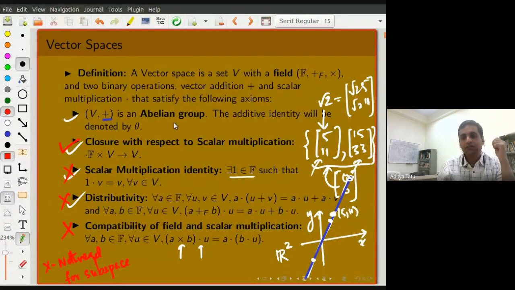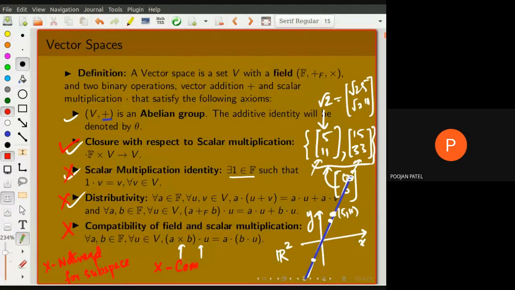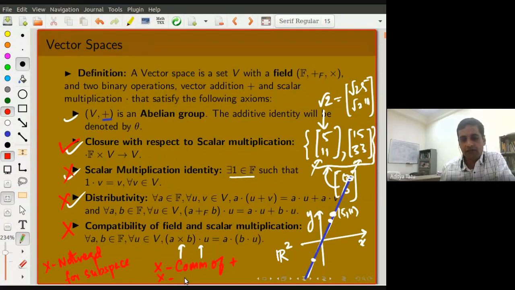How about the first one? The abelian group contains 5 axioms. It summarizes 5 axioms. Commutativity of addition, do we need to check for a subspace? No. Associativity? No, not required. What else? Existence of identity, do we need to check? Yes, sir.